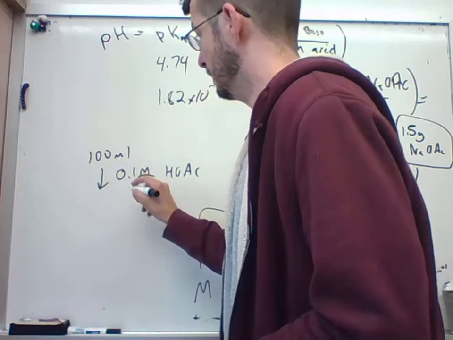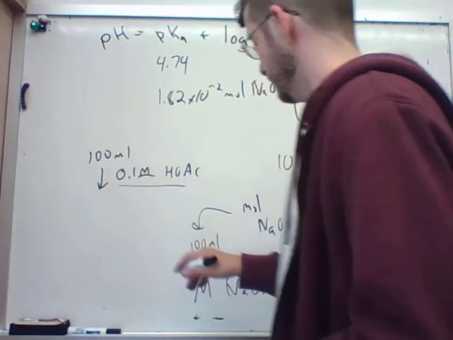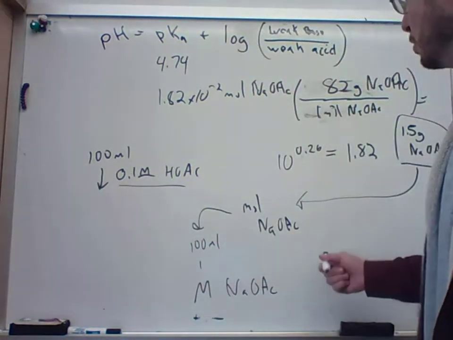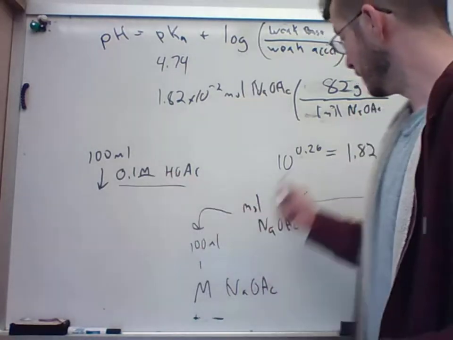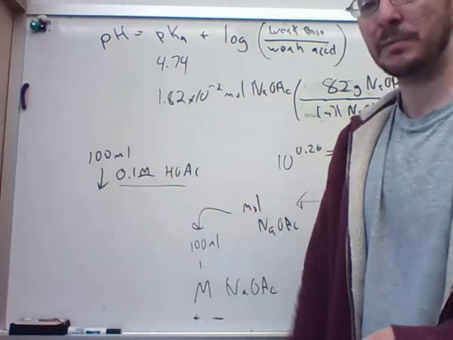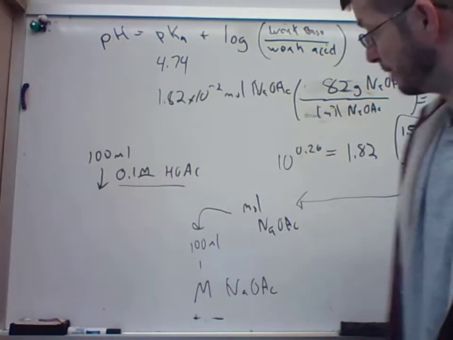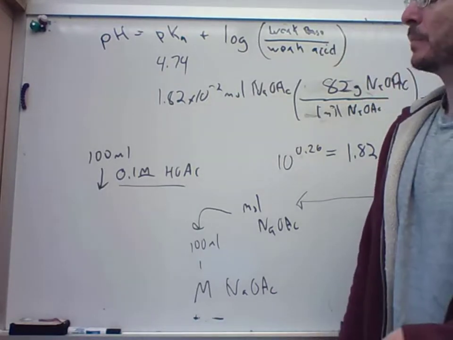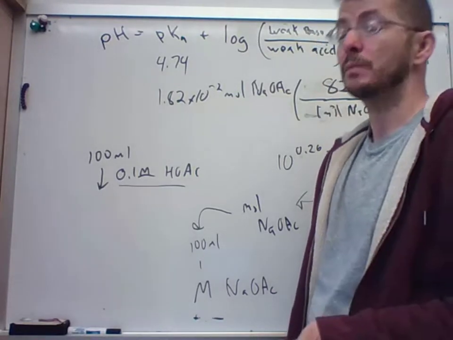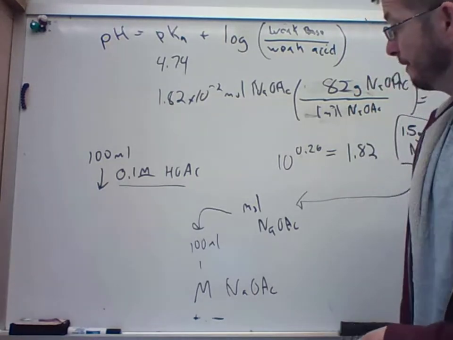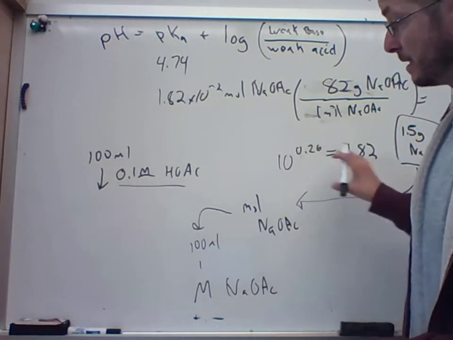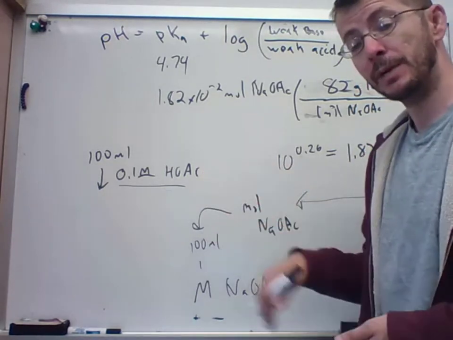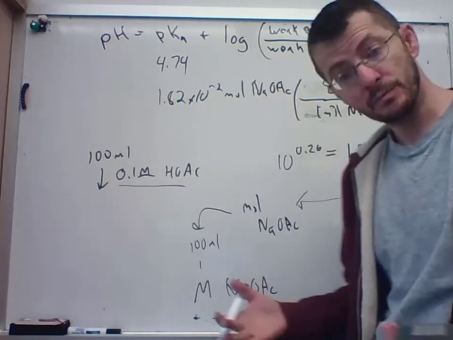And so we know the molarity of that. And those two molarities should be, the molarity of this should be 1.82 times 10 to the minus third, should be 0.182 molar for the sodium acetate. You could check that ratio, and you'll find that is the truth.